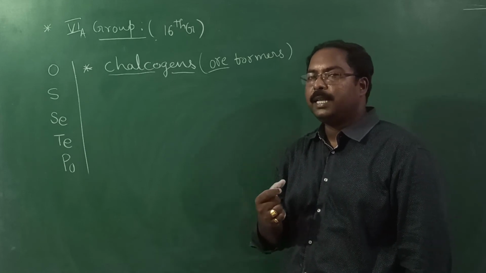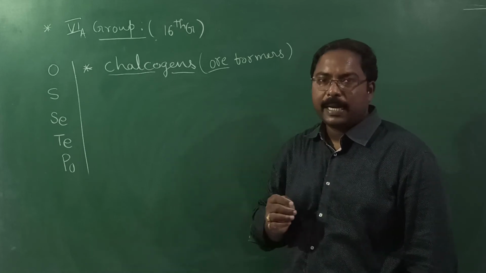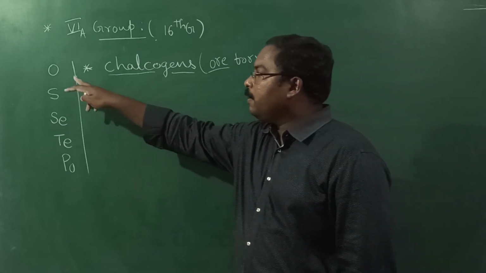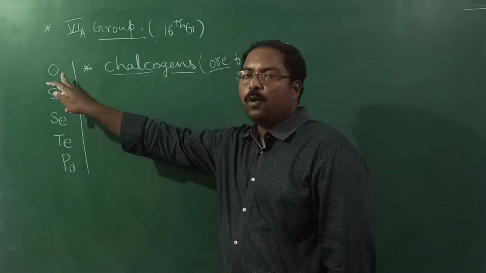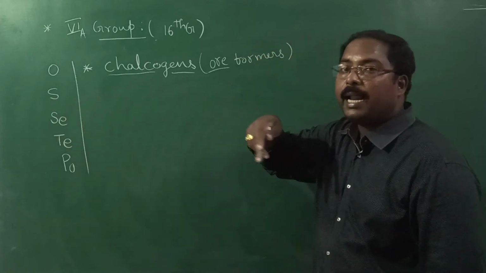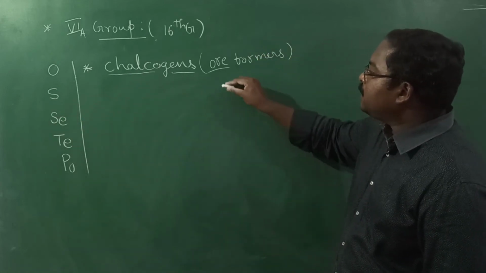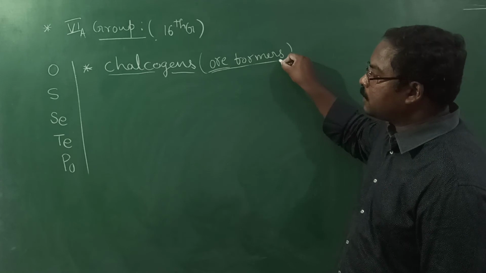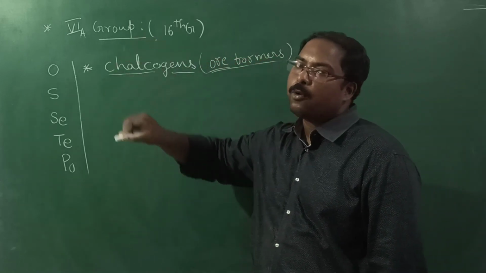Except those, most of the other metals are available in nature as their respective oxides as well as sulfides. Okay, they are available in the earth's crust. So that's why these are known as ore formers, also called chalcogens.